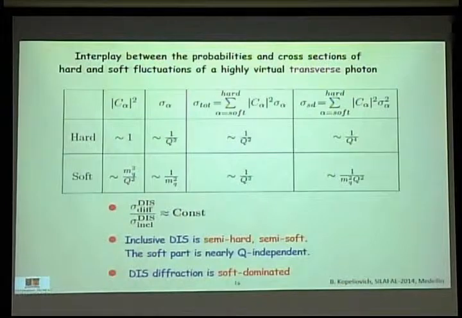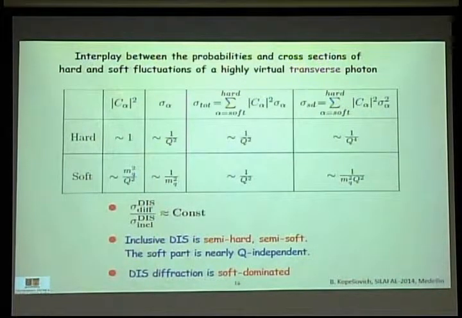Almost the whole momentum is taken by the quark, and the antiquark has a small fraction. In this case, the fluctuation is soft. It has large transverse size, and I call such an aligned jet configuration soft. Otherwise, if this asymmetry does not compensate the scale Q squared, I call this hard.